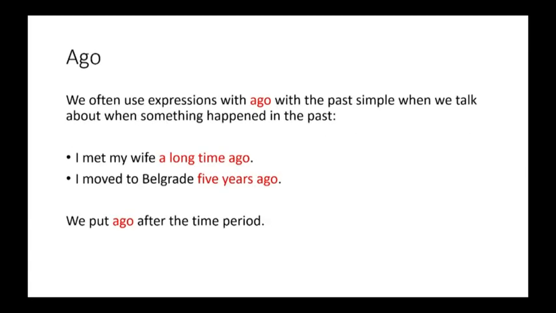One of the expressions that we can use with the past simple is ago. We use ago when we talk about something that happened in the past. For example, I met my wife a long time ago. I moved to Belgrade 5 years ago. Be careful, we put ago after the time period, and in Serbian, pre, it goes before the time period.